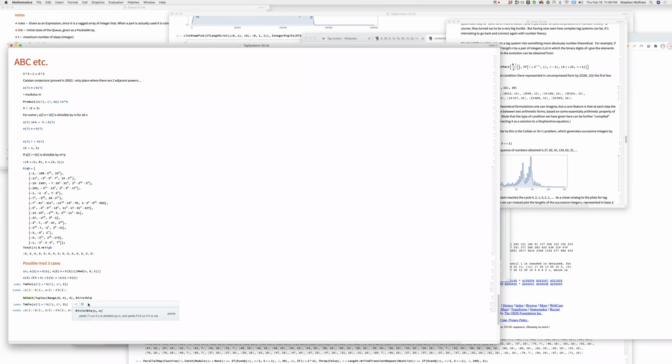I don't remember. n is divisible by m. Okay, so #1 plus #2 is divisible by 3, and #3 plus 2 #4 is divisible by 3.